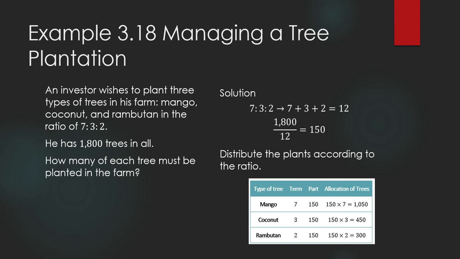So the total number of trees that must be devoted to coconut trees is going to be 3 times 150, and that is equal to 450 trees. 2 parts must be devoted to rambutan trees. So all in all, the number of trees that must be devoted to rambutan is 2 times 150, which is equal to 300 trees.